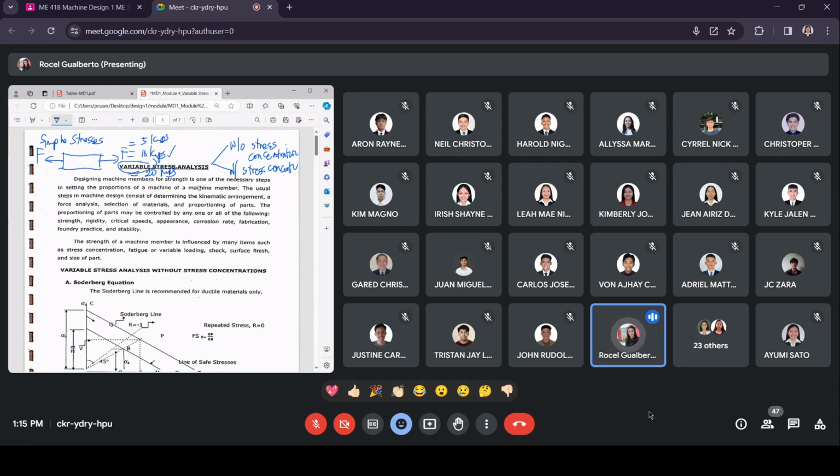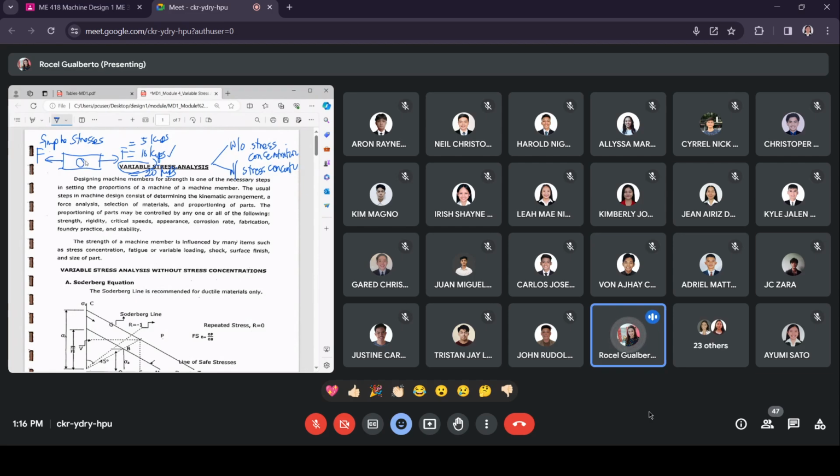But if you could recall, we use monoblock chairs in our classroom, wherein you would see at the back several holes. Same thing on the chair itself, you could see the holes. Those holes serve as stress raisers, meaning stress will be concentrated on those areas, making this area of the member weak.